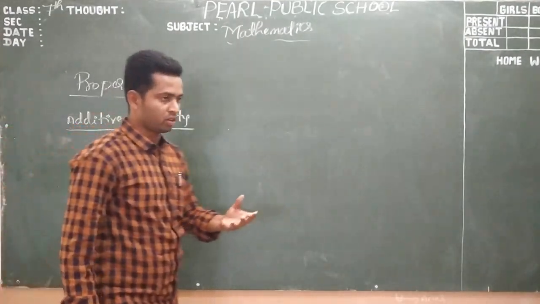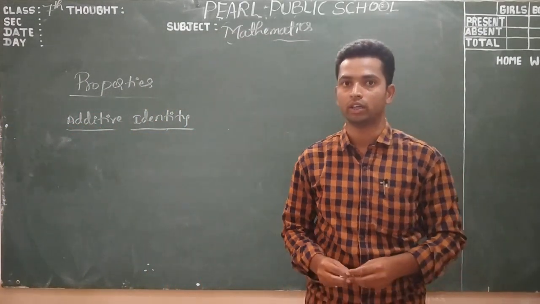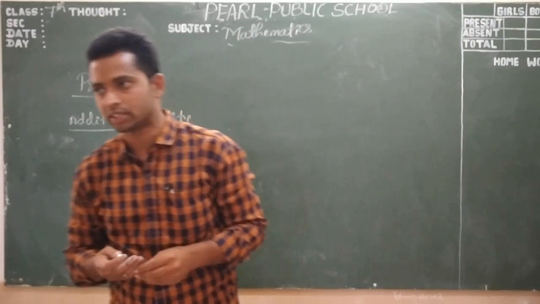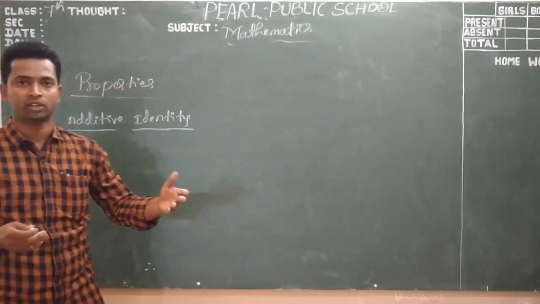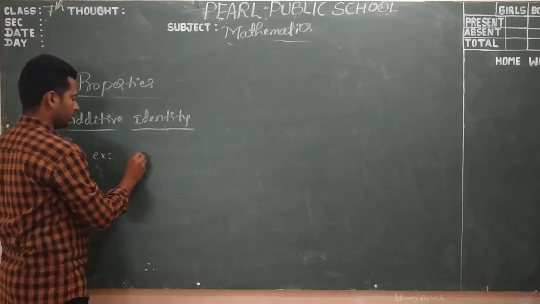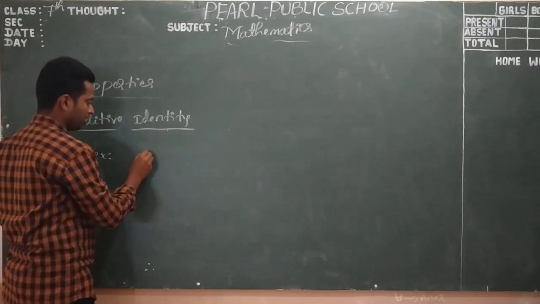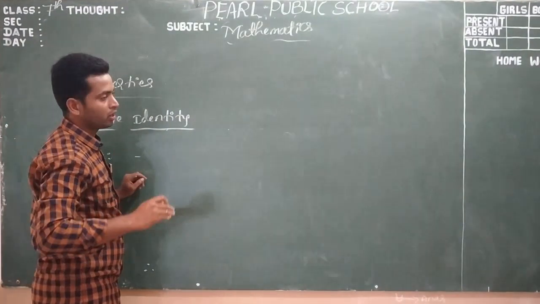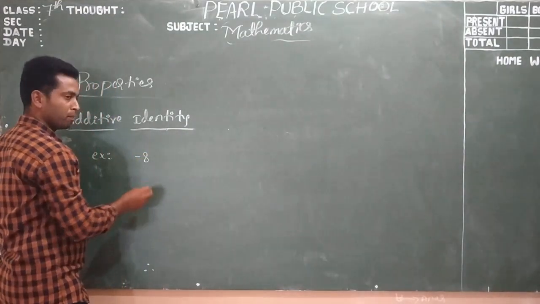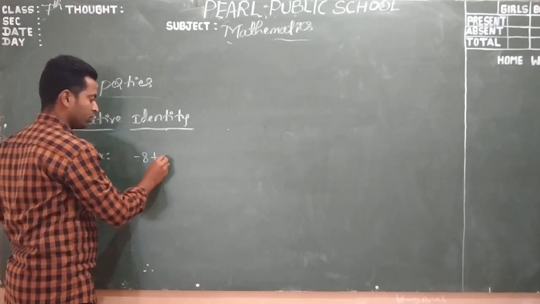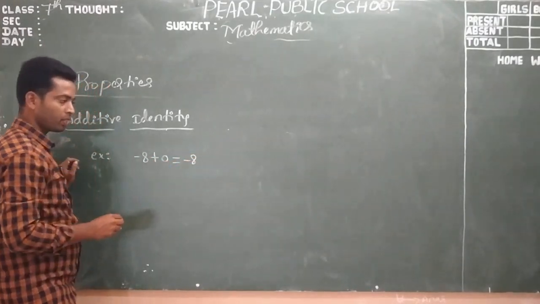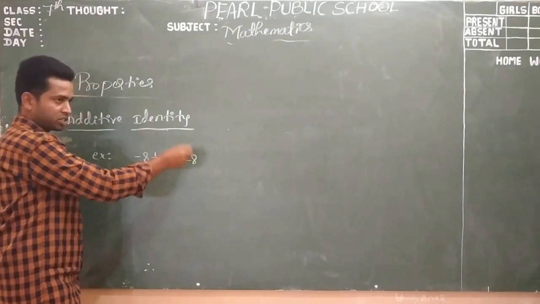You take one integer, and by adding a common integer we again get the same integer. For example, if I have the value minus 8, by adding that one integer you again get minus 8. Its value does not change.